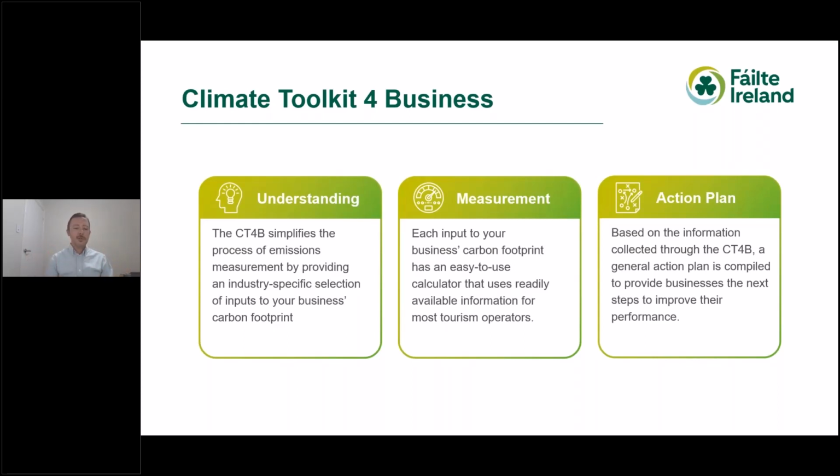As Nigel mentioned, a lot of this is about getting that first snapshot picture, getting a better understanding of what the carbon footprint of the entire Irish tourism industry is, and that happens at the individual property level. So it's a kind of a two birds with one stone approach. By collecting your information on your carbon footprint for your business, it's contributing to the larger industry as well. So you're getting a picture of your business while also contributing to the larger thing.